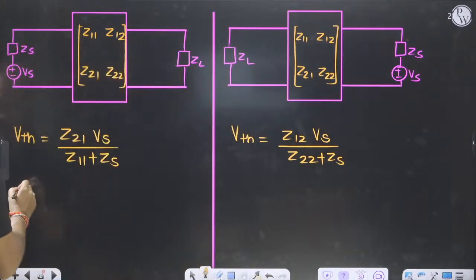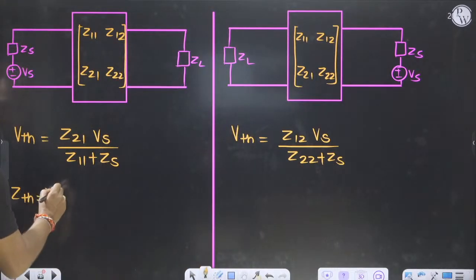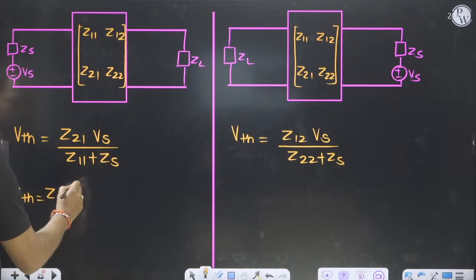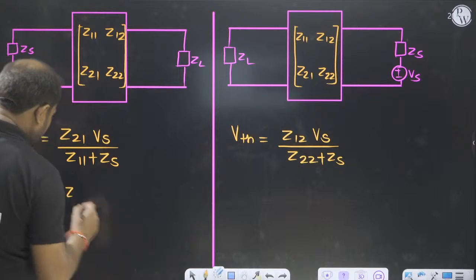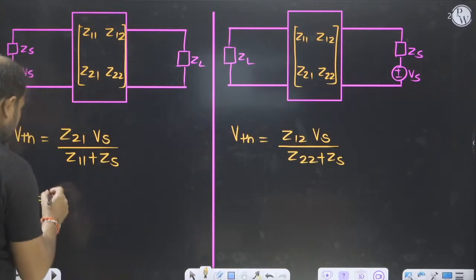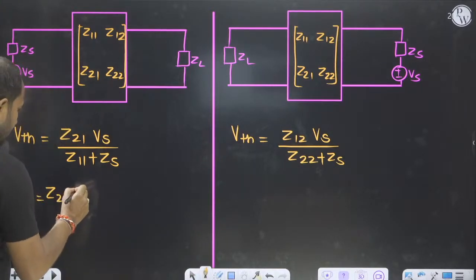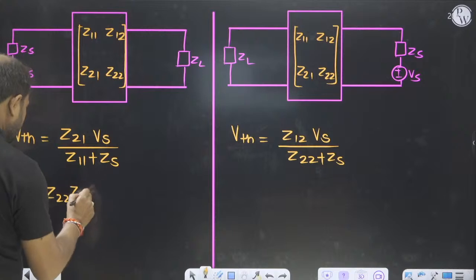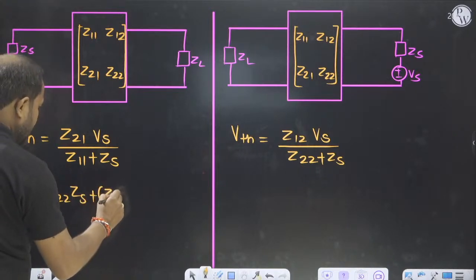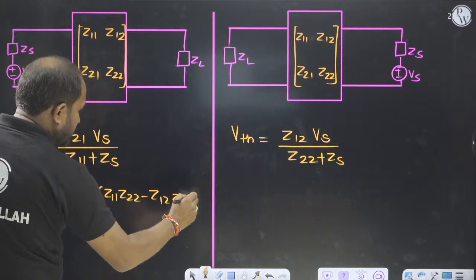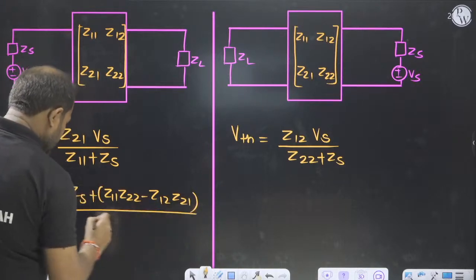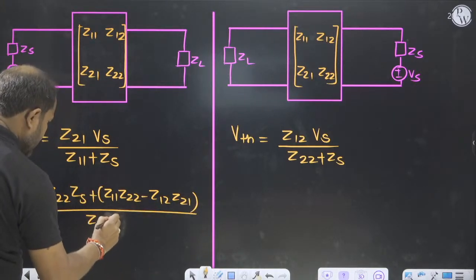For this case, Zth is equal to Z22 Zs plus Z11 Z22 minus Z12 Z21, divided by Z11 plus Zs.